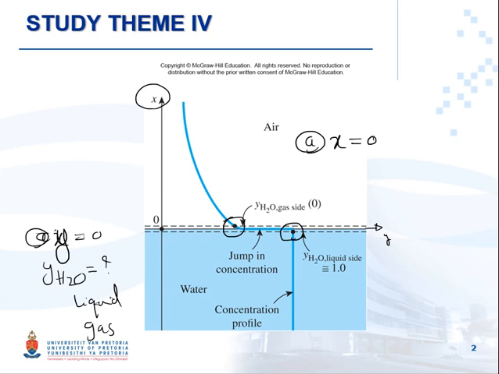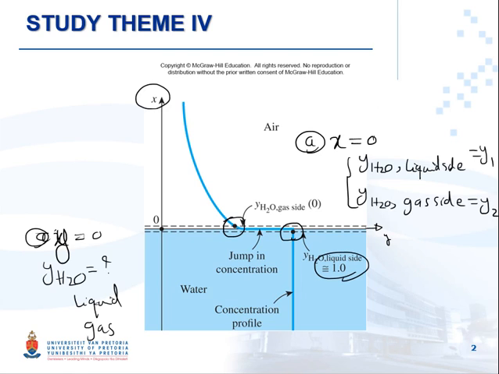At x equal to 0, y H2O liquid side is equal to Y1, and y H2O gas side is equal to Y2. Liquid side here is 1, gas side is 0.